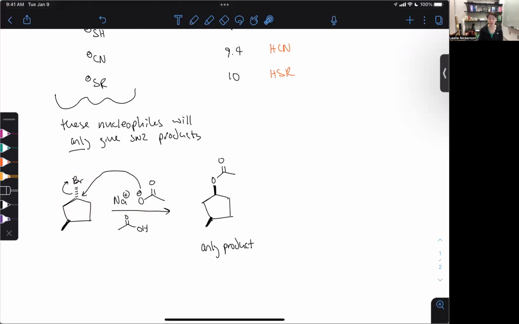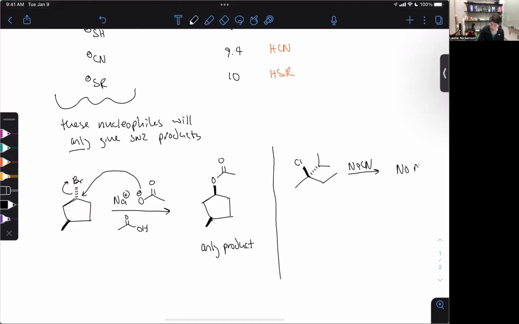Now, these still fall under the same rules in terms of a tertiary alkyl halide. So if I have something like this, and I try to throw in sodium cyanide, there's basically going to be no reaction here.